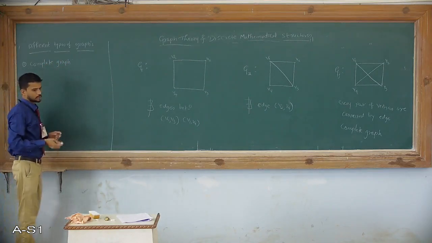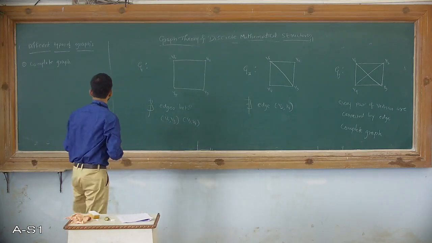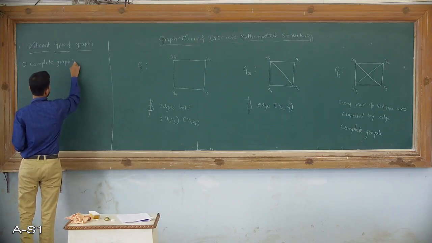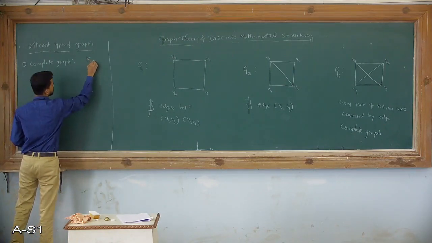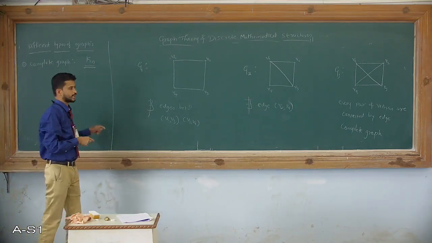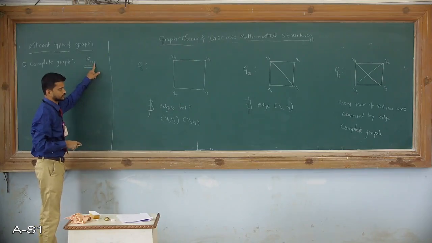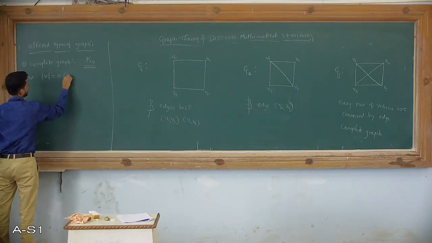Here we observe some terminology. These complete graphs are represented as Kn, where n stands for the number of vertices, that is, the cardinality of V is equal to n.